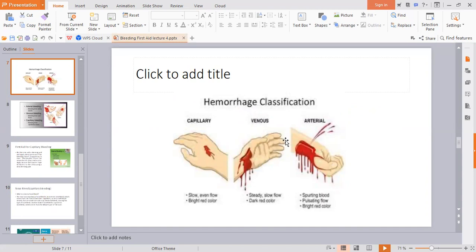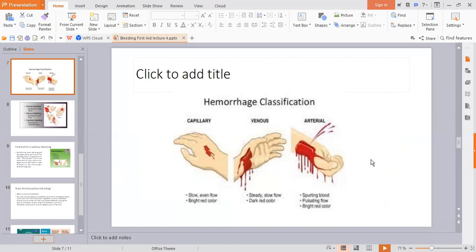You can see in the picture the common hemorrhage classification of arterial, venous, and capillary areas. We have learned about arterial bleeding first aid techniques today, and we will also learn the venous and capillary bleeding first aid mechanisms.